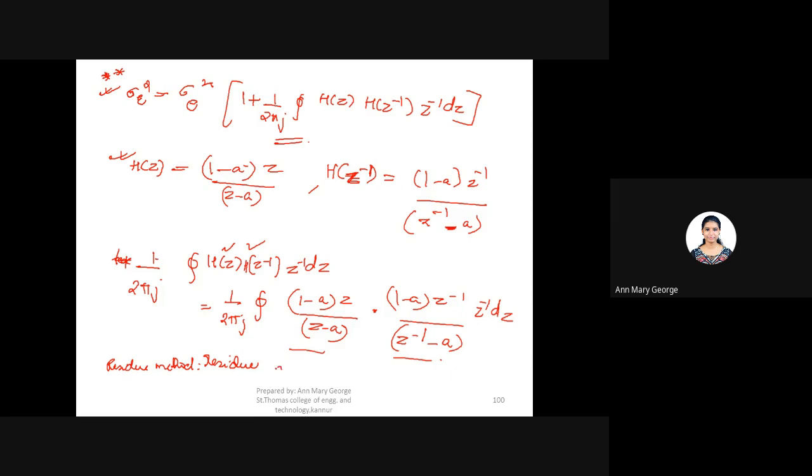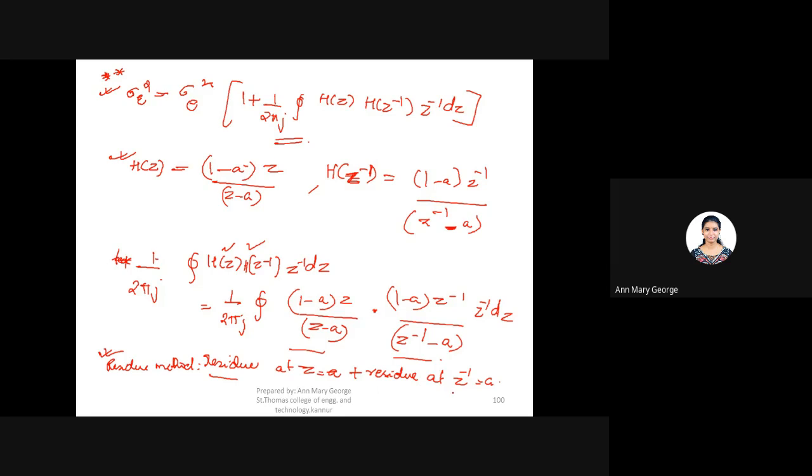You can evaluate using the residue method by taking the residue at z equal to a plus the residue at z inverse equal to a.